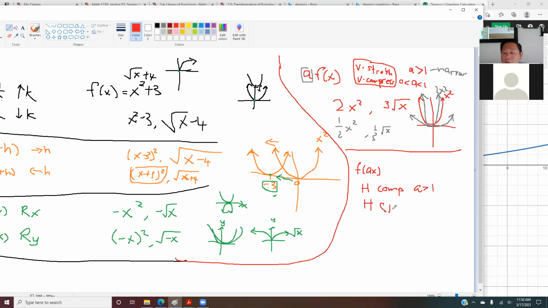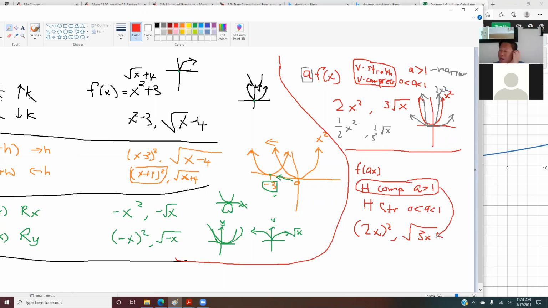Horizontal stretch is when a is between 0 and 1. So now your a here is inside. So if you have an inside like this, this is what we call a horizontal compress.